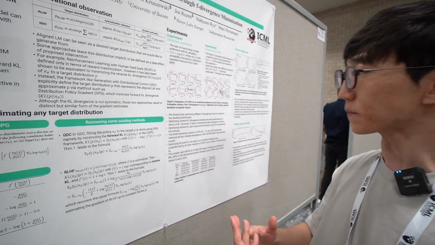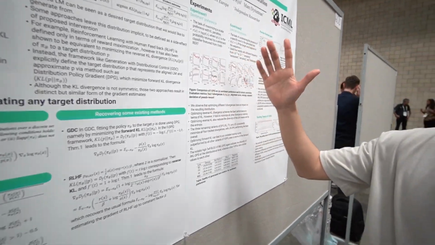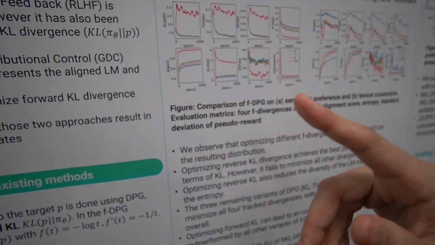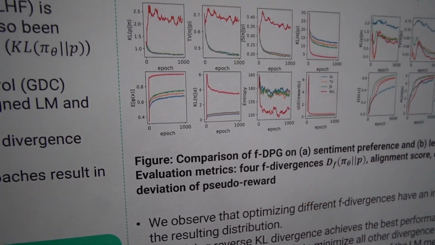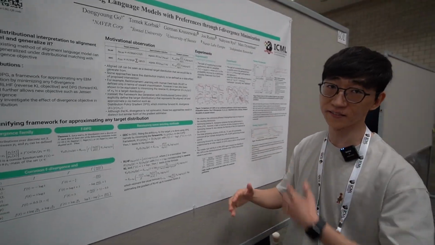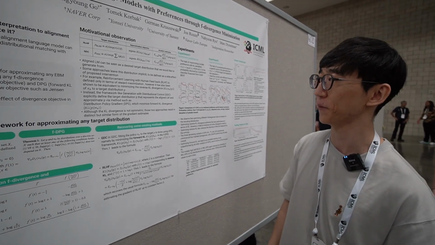There are a lot of different notations like E_pi or E_B(x) for the alignment score, but for simplicity I just use the term alignment score as an integrated term.